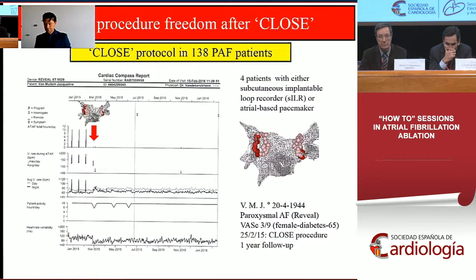It's Holter monitoring, so it's discontinuous. 4 patients had continuous monitoring via device. 4 patients show consistent elimination of atrial fibrillation after the procedure.